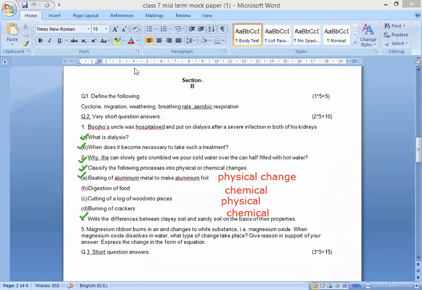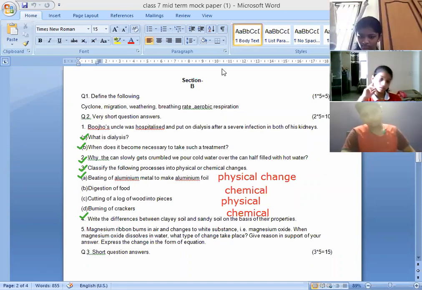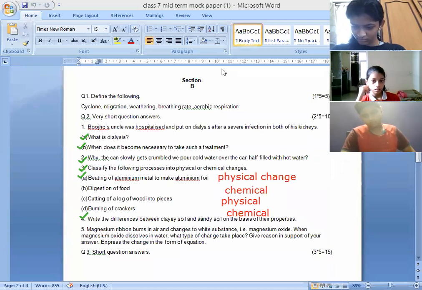Ma'am, the difference between clay and sandy soil. The clay soil has a large proportion of fine particles, and they are tightly packed.